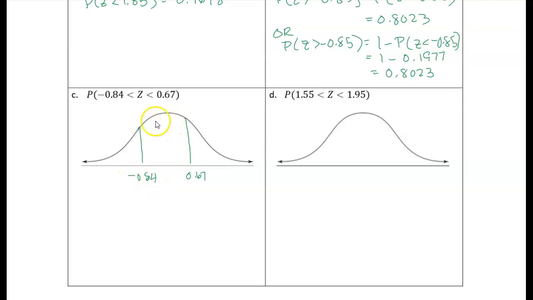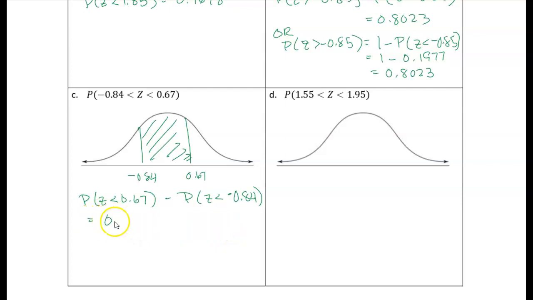We're looking for the probability that we're between those values. The way we're going to do it is find the probability that z is less than 0.67, and then subtract off the probability that z is less than negative 0.84.